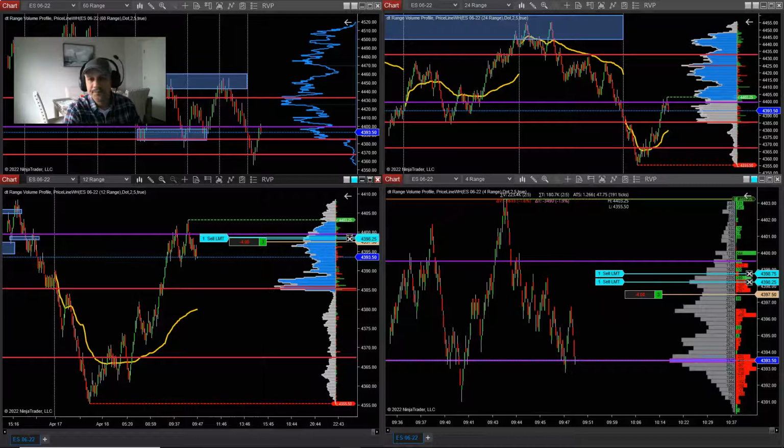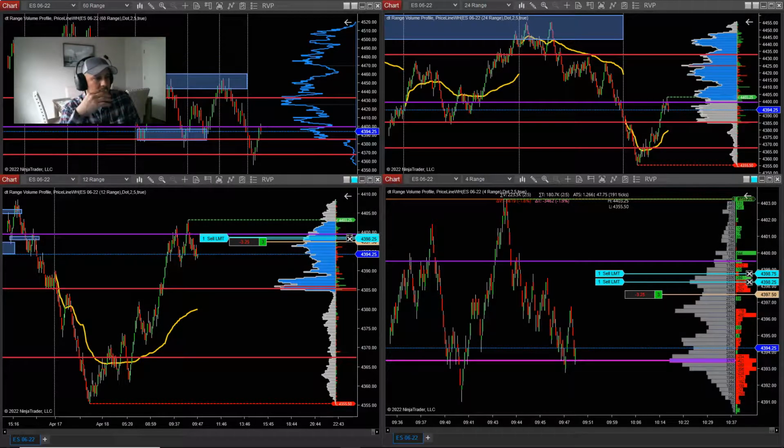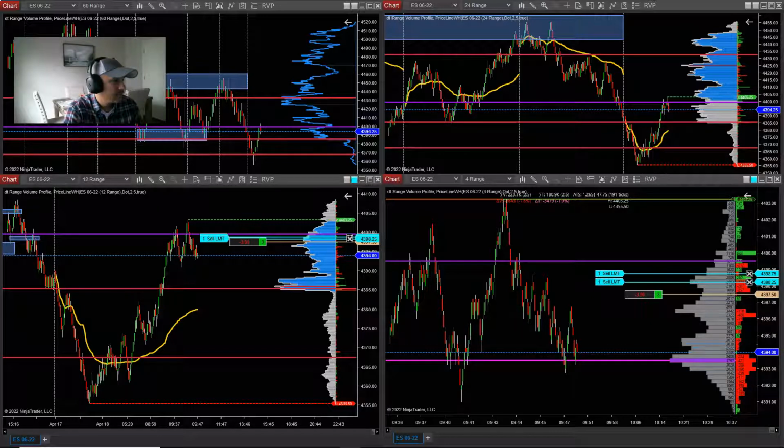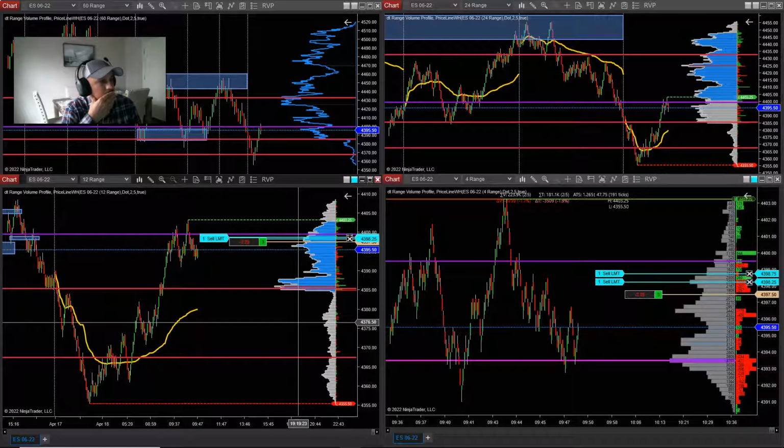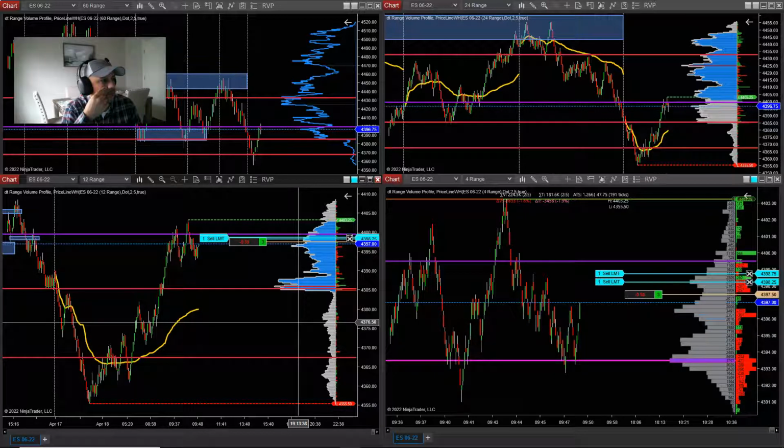And we're at the VPOC, so come on, break this area. Yeah, I bought way too early. Should have waited for the pullback a little bit deeper.